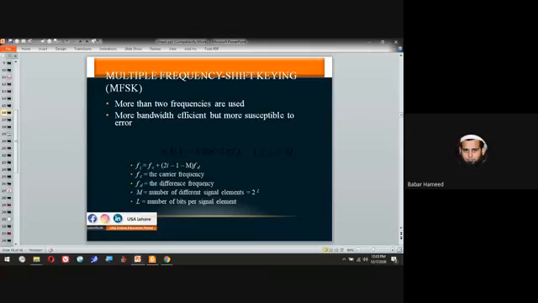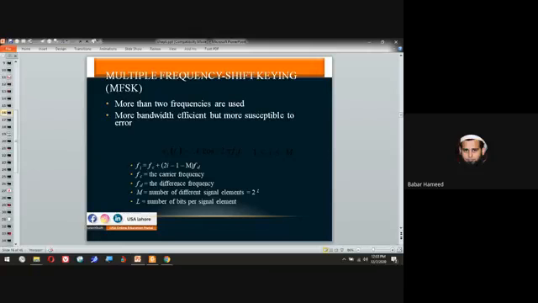So we add this difference to the carrier to get the frequency being transmitted for this particular symbol or set of elements. And M is the maximum number of signal elements that a signal can have.